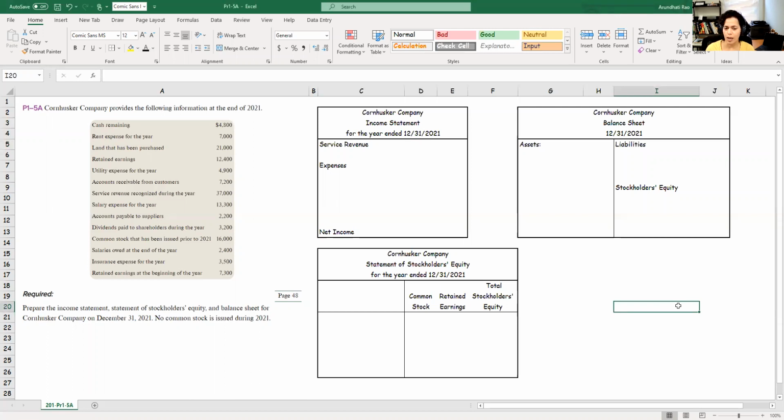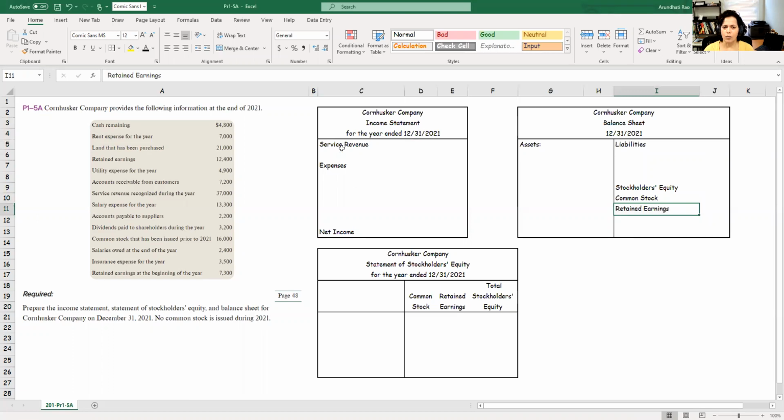So it's talking about for a length of time. So in this case, it's for the year, which means it's a 12-month period. Balance sheet is as of a particular date. So we're looking at December 31st, 2021. What goes into the balance sheet? All assets, all liabilities, and all stockholders' equity accounts. Stockholders' equity account, you're looking at only two of them: common stock and retained earnings. We're just looking at these two.